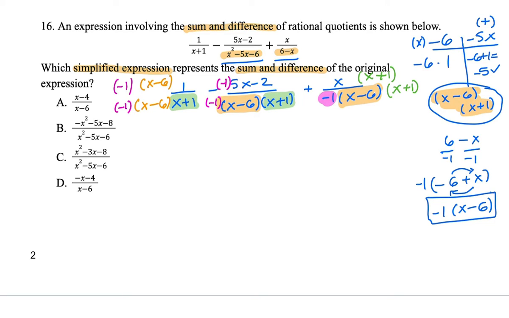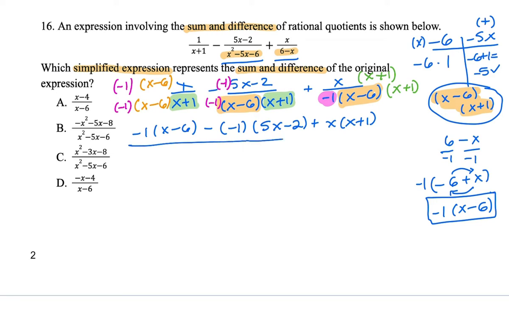Okay, so now that I have that done, I'm going to rewrite my expression with my new factors so that they can all have the same denominator, because again, you cannot add or subtract fractions unless they have the same denominator. So I'll have -1 times x minus 6. Anything times 1 is honestly just 1, so that doesn't even matter. Minus a -1 times 5x minus 2 plus x times x plus 1.